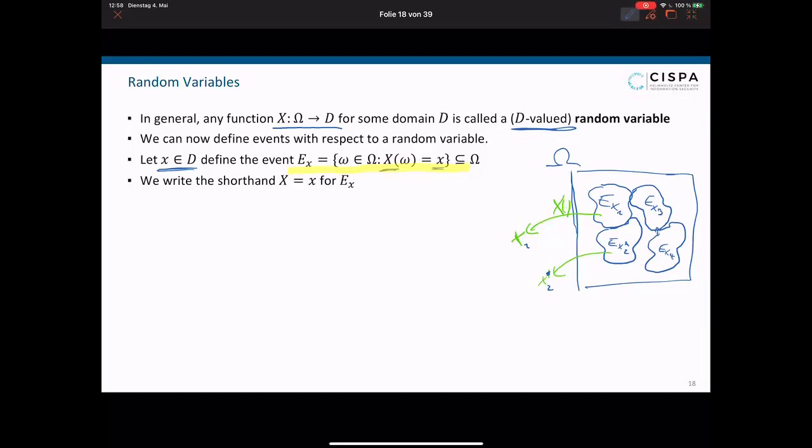They cannot intersect, because if you have some element in omega which maps to x1 under this function capital X, then it cannot at the same time map to x2. So it gives us a disjoint partitioning.